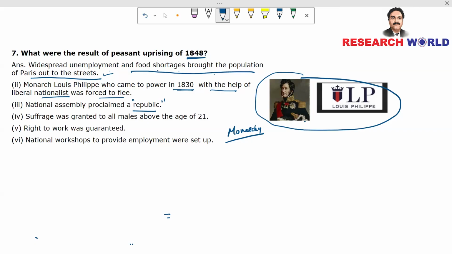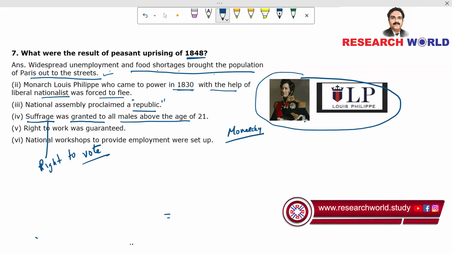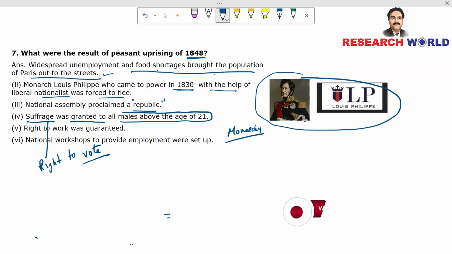Now, coming to the next point, suffrage. Suffrage means right to vote. The right to cast a vote is called suffrage. And suffrage was granted to all males above the age of 21.